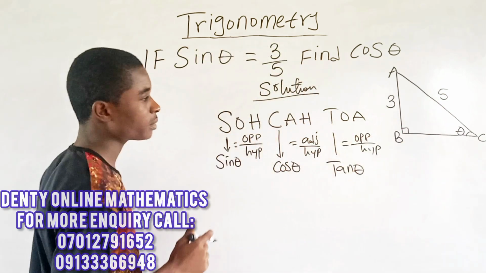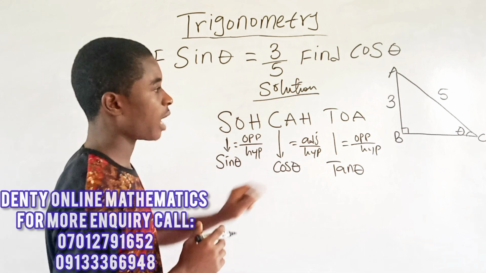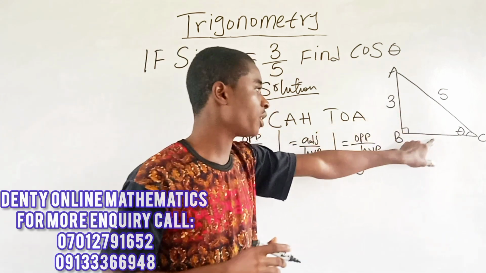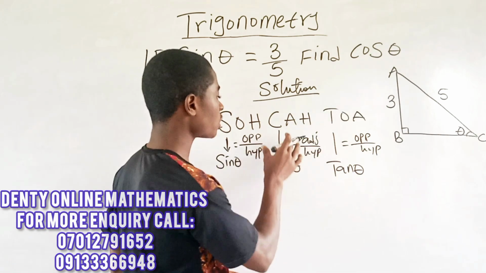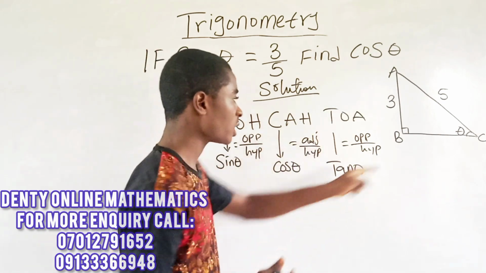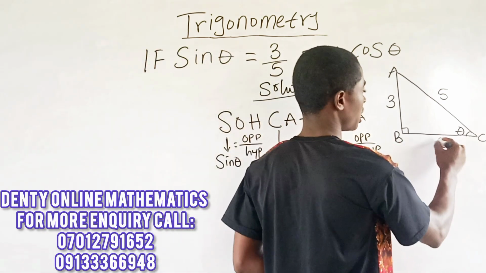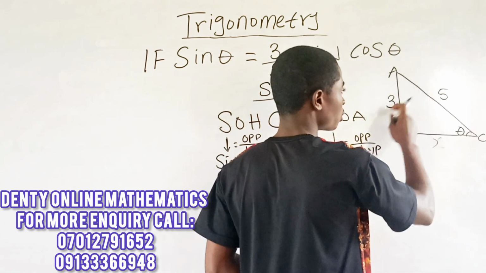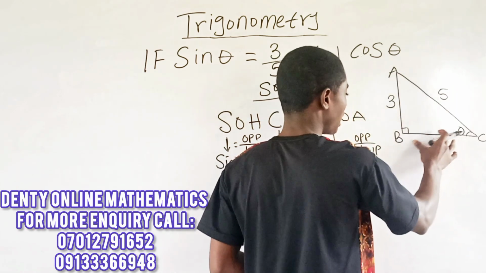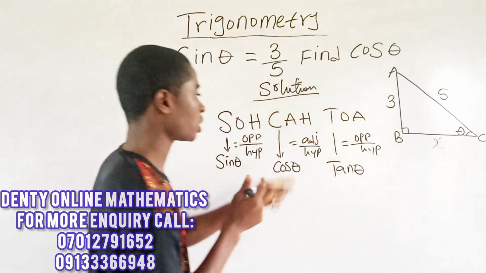Now, if you can see with me, we have gotten these two sides, and we are looking for this one. We don't have it. And we are asked to find cos theta. Now, cos theta is adjacent over hypotenuse. Adjacent, we don't know it here, so we name it X. We have the opposite, we have the hypotenuse, but we don't have the adjacent. So therefore, we cannot look for cos theta yet.